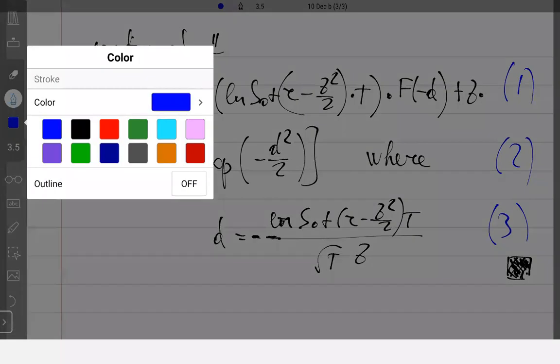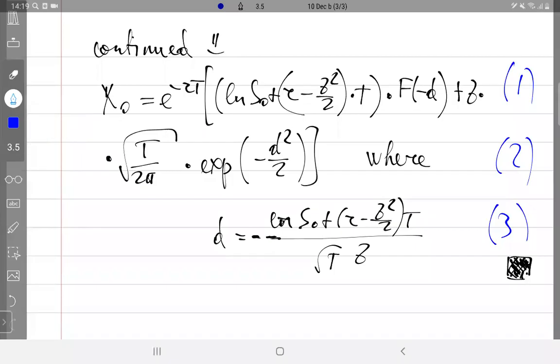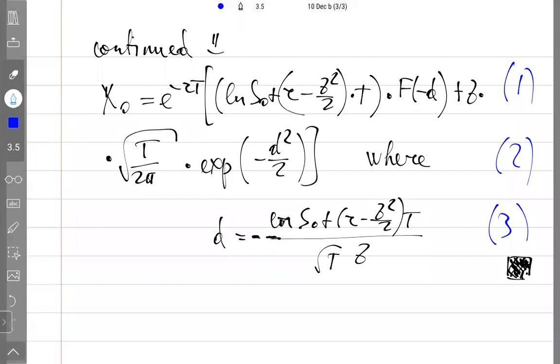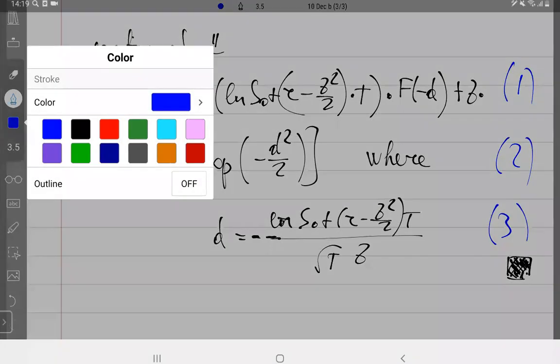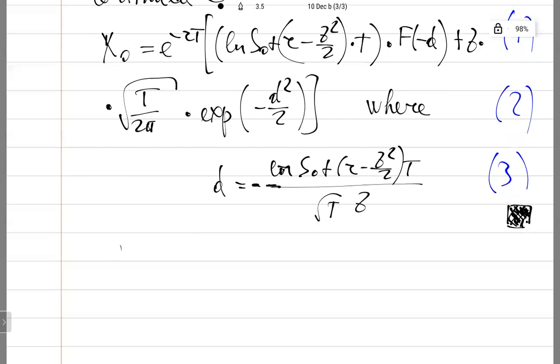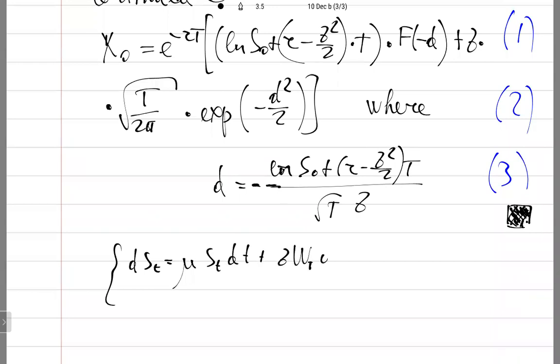Okay, I see more questions. Where do we get sigma from, and what does it denote? We have the Black-Scholes model, and it is described by two equations: dSt equals mu St dt plus sigma St dWt.